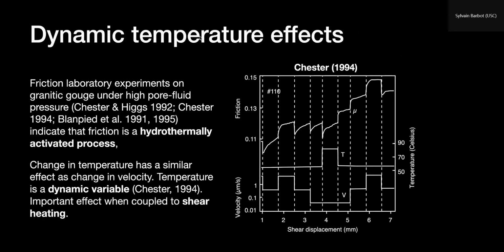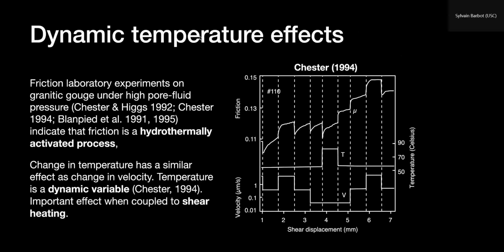It's simply by heating it up very quickly and maintaining this temperature for some time. And what these experiments show is that you also have a direct effect and then an evolutionary phase, and it looks almost identical to a change of velocity. So changing temperature or changing velocities have equal and opposite effects.